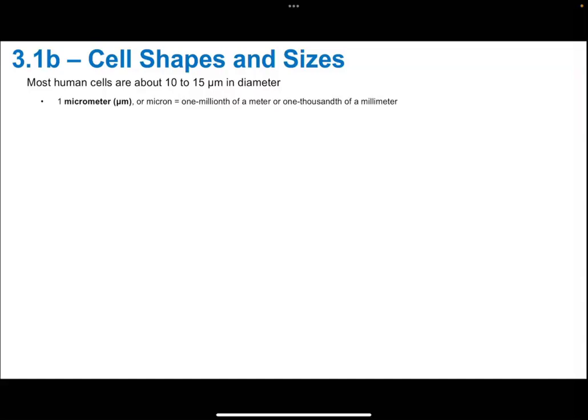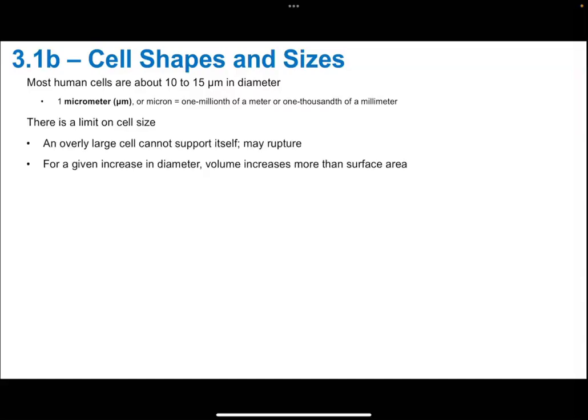So super small, which is why we have to use microscopes to be able to see cells. They're so small, we cannot see them with the naked eye. Because there is a limit on how big they can get. As you saw in the previous video lecture, cells have to have organelles or subcellular structures to help them accomplish their function.